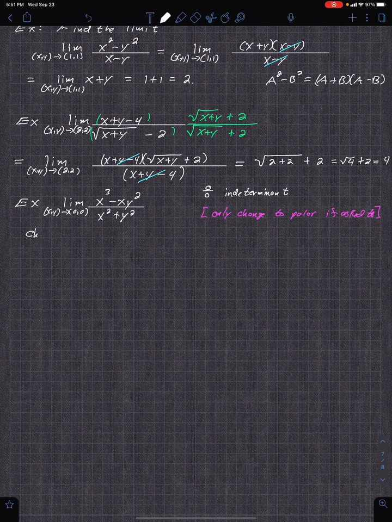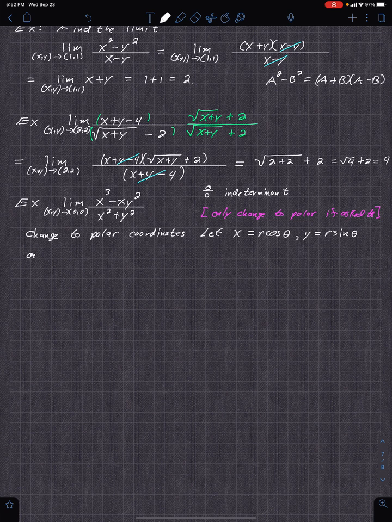So we're going to change to polar coordinates. You basically let x equal r cosine theta and y equal r sine theta.